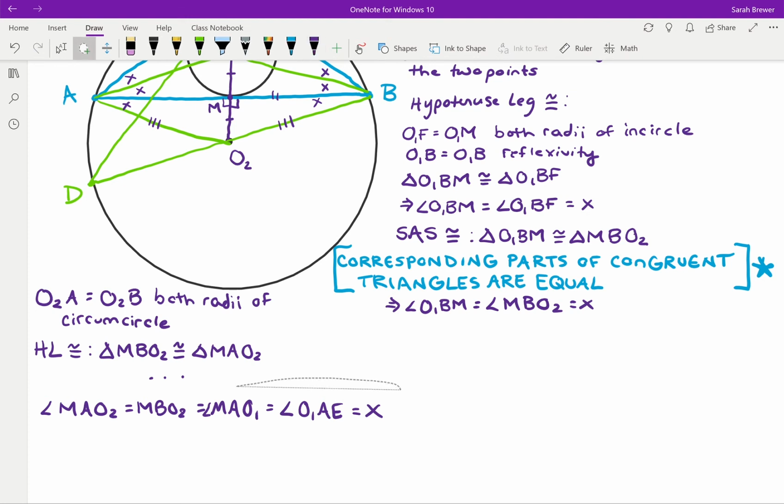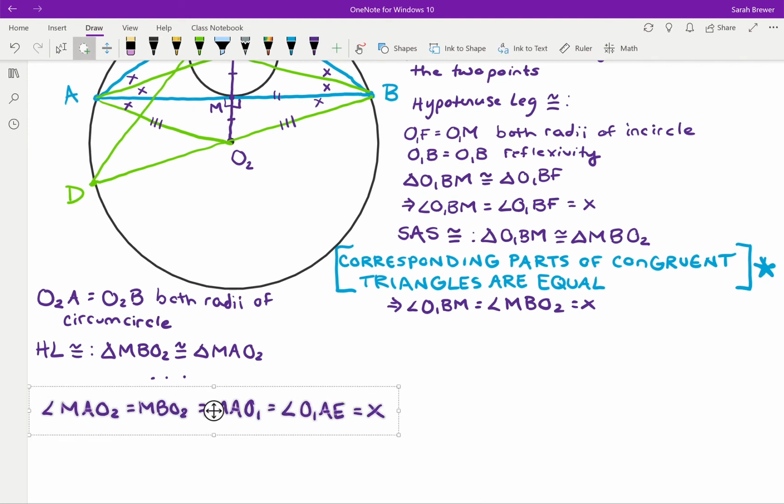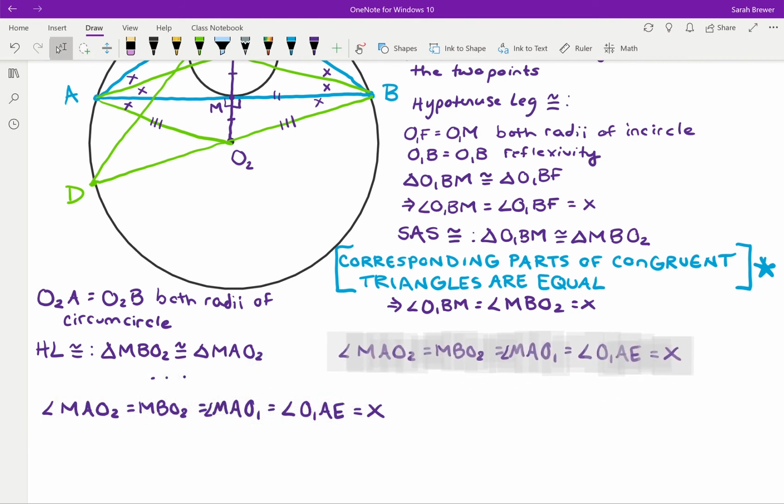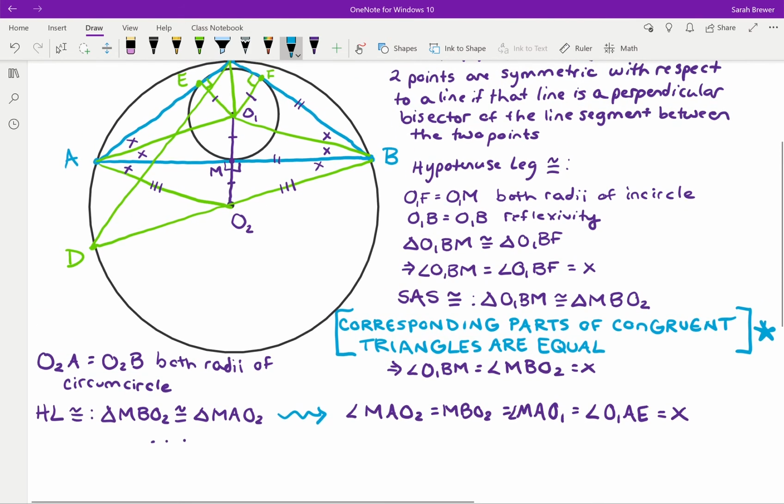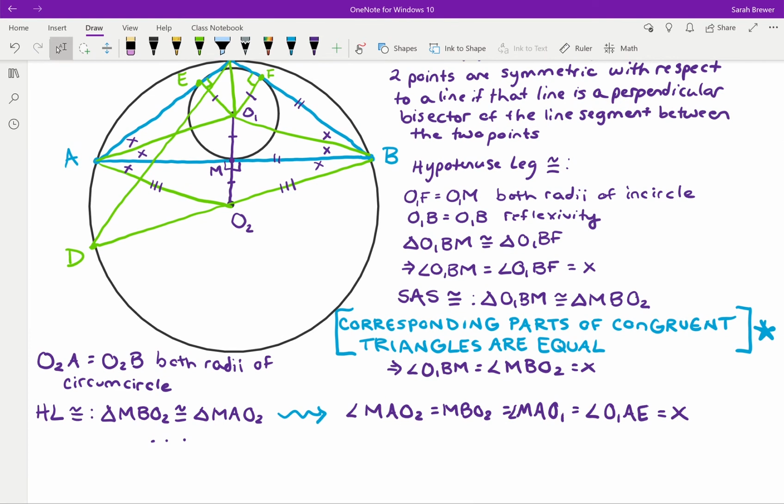Let me scoot this over here, actually. So a little bit of missing information to go from here to here. But hopefully you can follow those steps of hypotenuse leg congruences and side angle side congruences to get all those right triangles as being congruent.